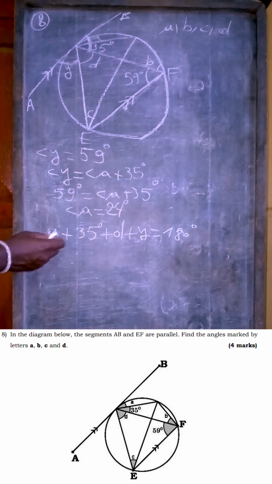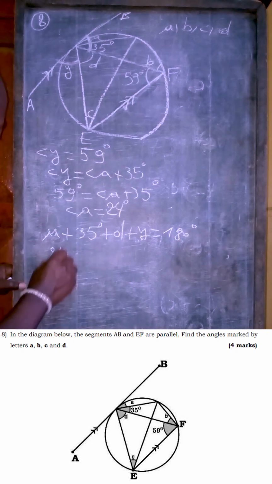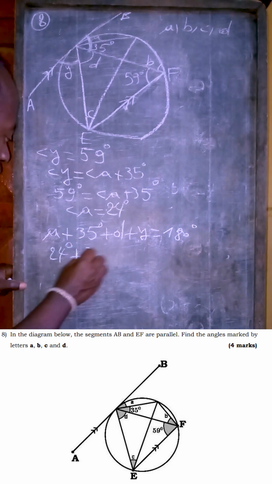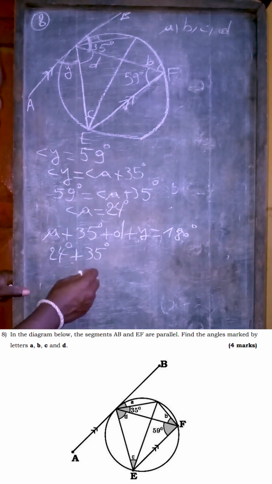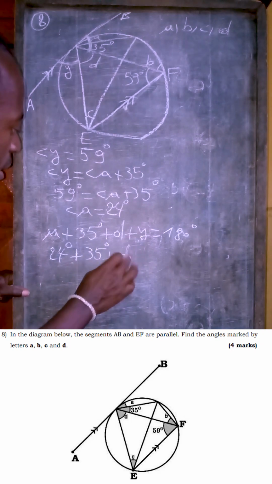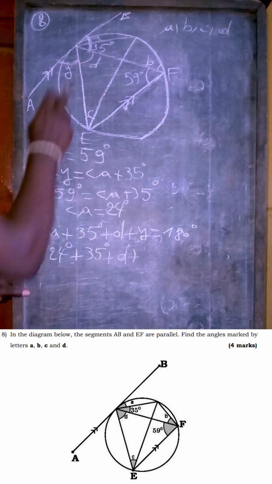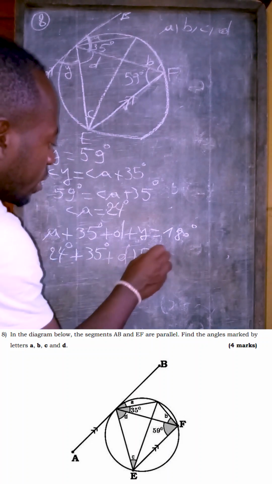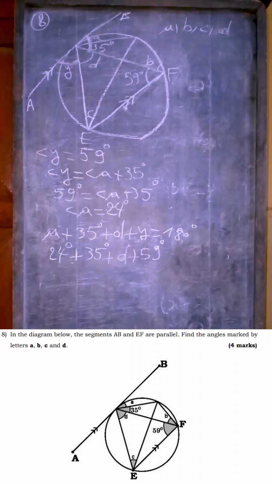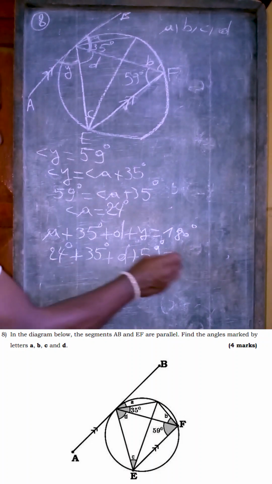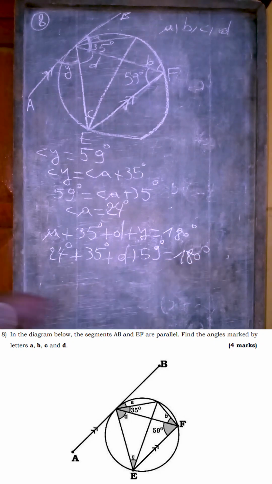And then we know the value of A is 24 degrees plus 35 degrees. D is unknown, it has to remain as D, and also angle Y is known as 59 degrees. And then this is equal to 180 degrees. By solving, D will be equal to 180 degrees minus 24, 35 and 59 degrees.